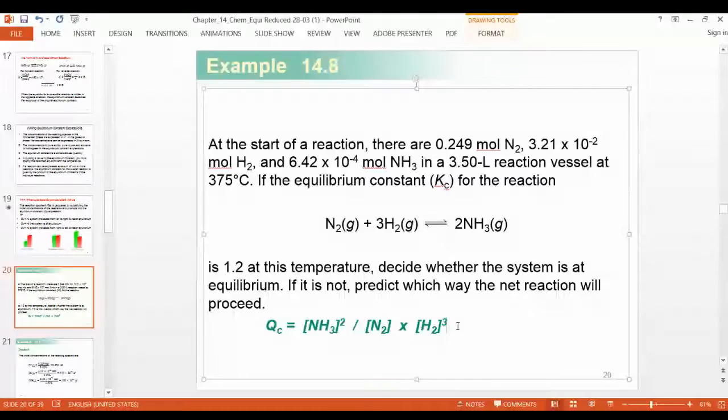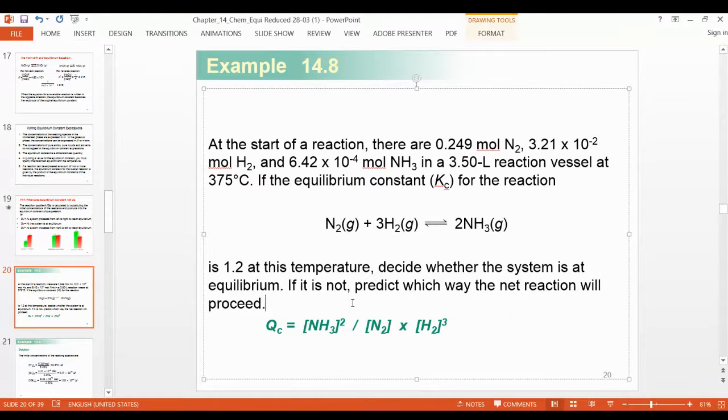Then you calculate. After putting all the values, you have to put the new concentrations. How do you get the new concentration? Yes, divided by 3.5 liter.